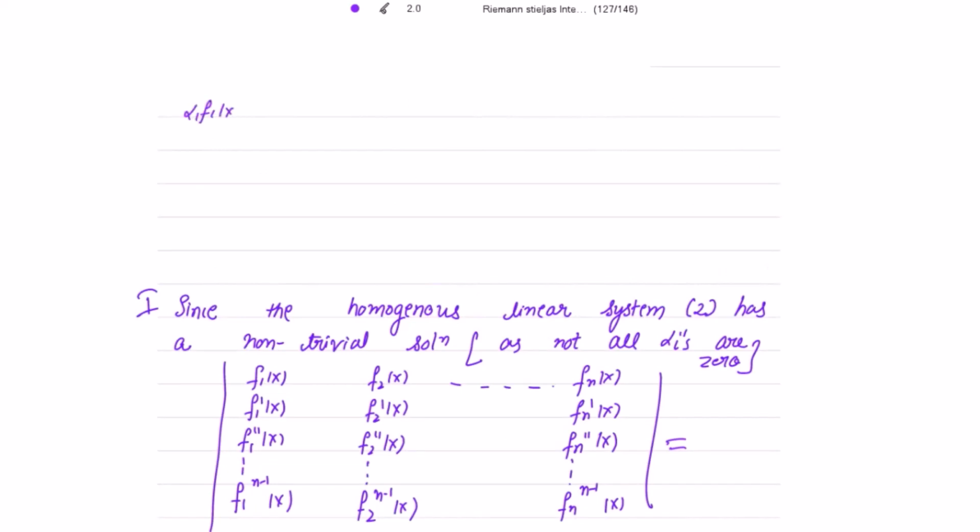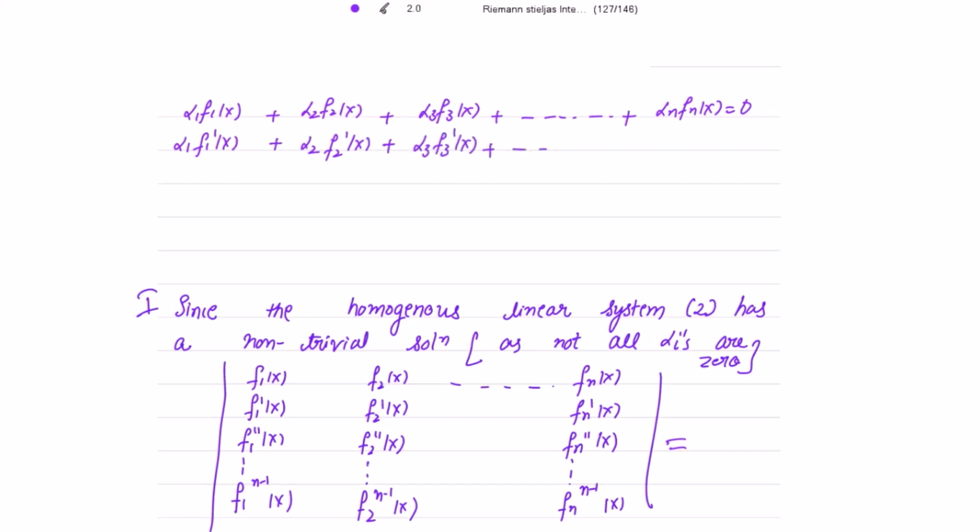Alpha 1 f1(x) plus alpha 2 f2(x) plus alpha 3 f3(x) plus alpha n fn(x) is equal to 0. Now taking the first derivative, alpha 1 f1 dash x plus alpha 2, because it is a scalar, f2 dash x plus alpha 3 f3 dash x plus alpha n fn dash x is equal to 0.